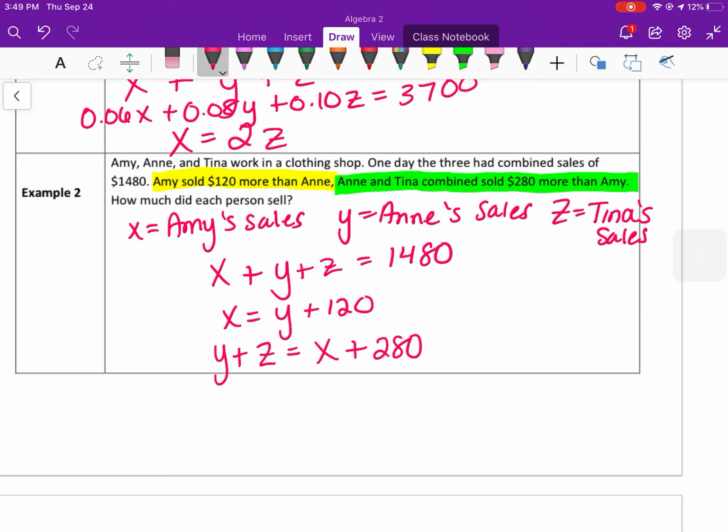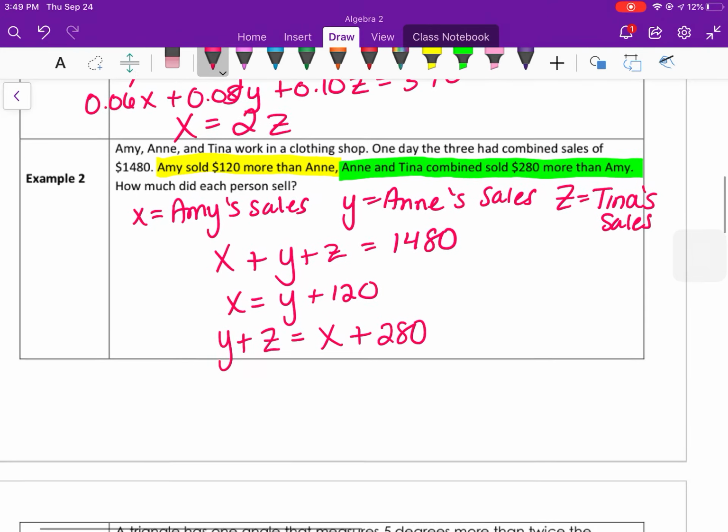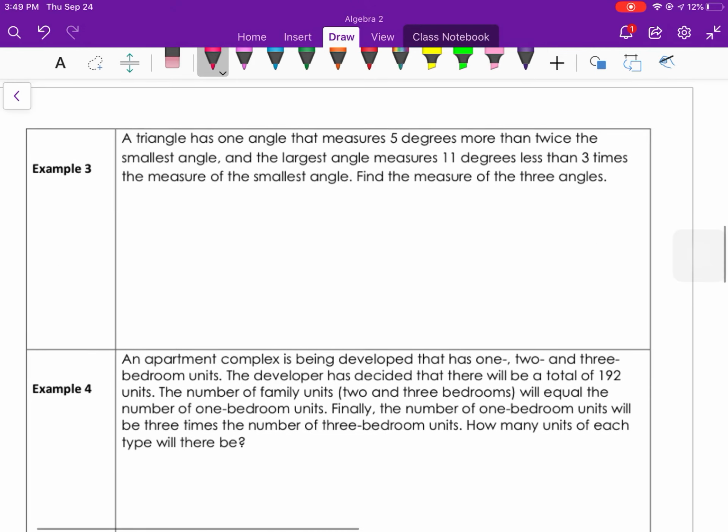Okay, then you could solve it from there, which we will talk about in the next lesson.